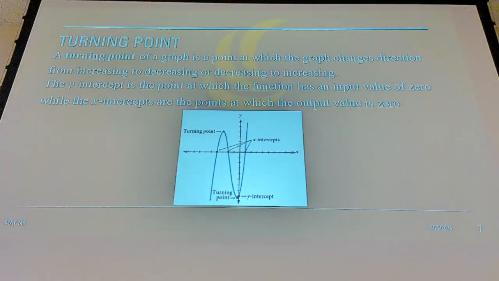And then just a graphical image of where the x-intercepts are, y-intercepts, and what turning points are. And so there's all of that middle stuff there. That's what's known as the local behavior.